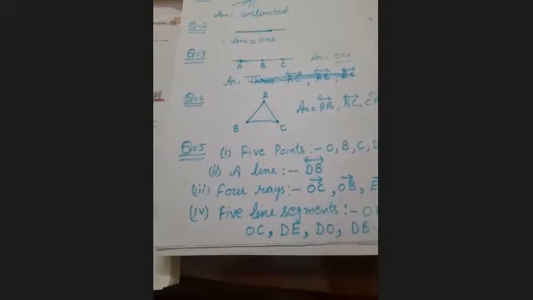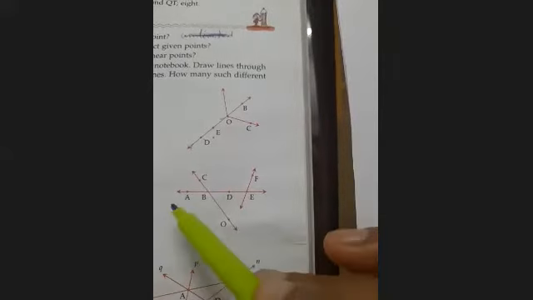Clear, students? Next is the 6th question. Use the adjoining figure to name. Now we'll consider this figure. In this figure, students, we have a line AE.